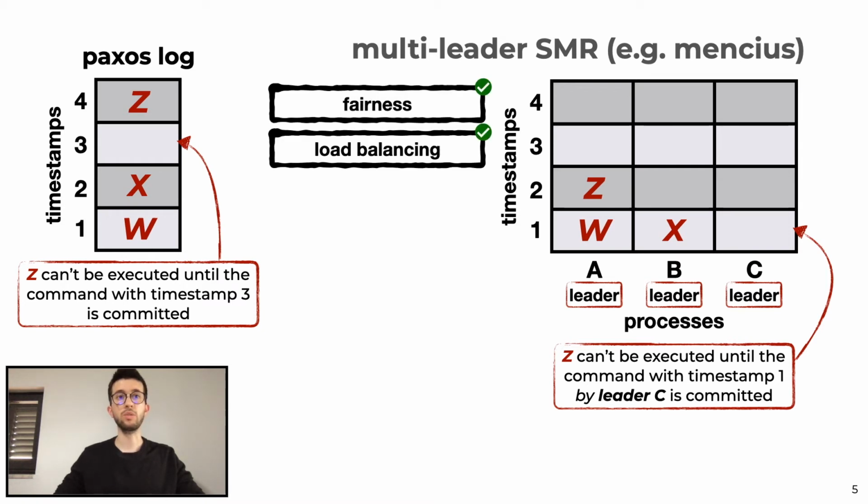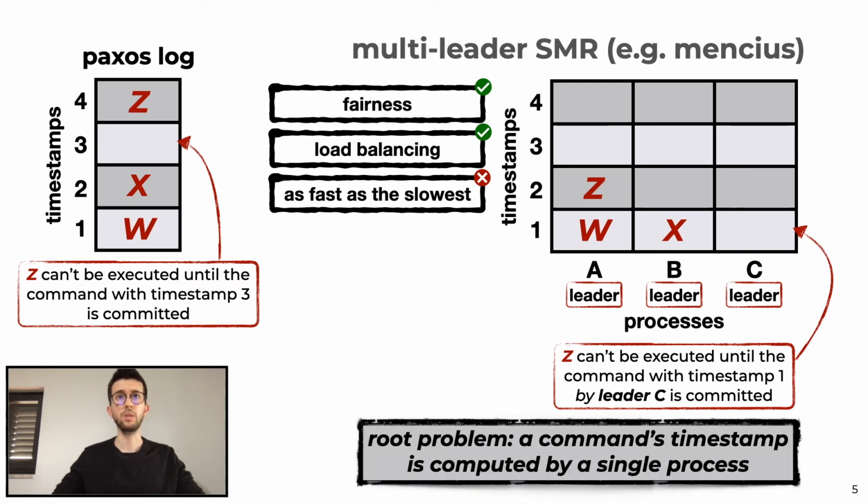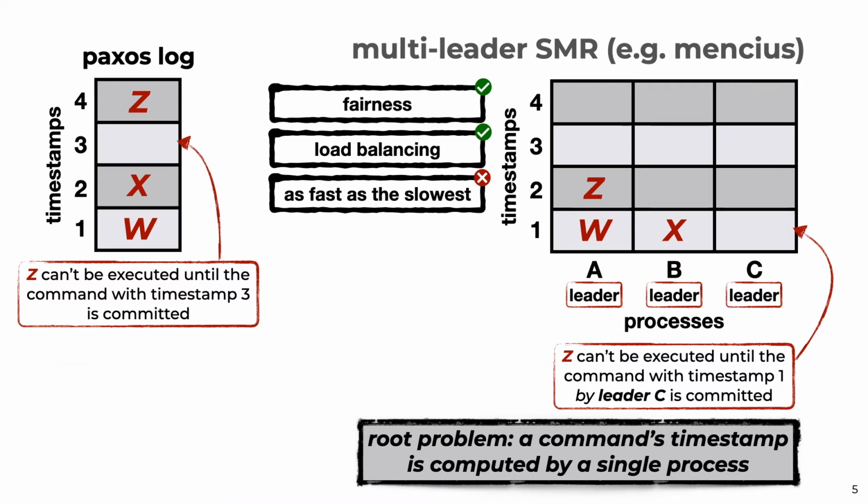So while Mencius's approach is more fair than Paxos and provides load balancing, it runs at the speed of the slowest leader. And the root problem we have identified here is that a command's timestamp is computed by a single process.